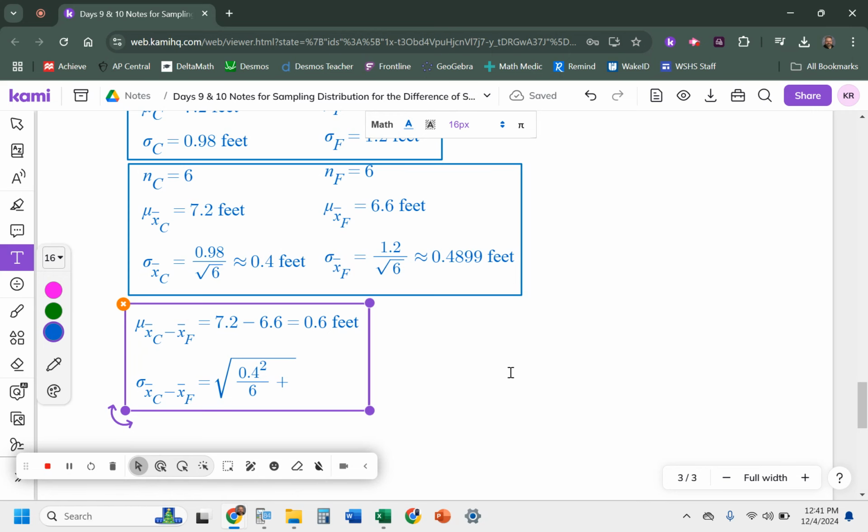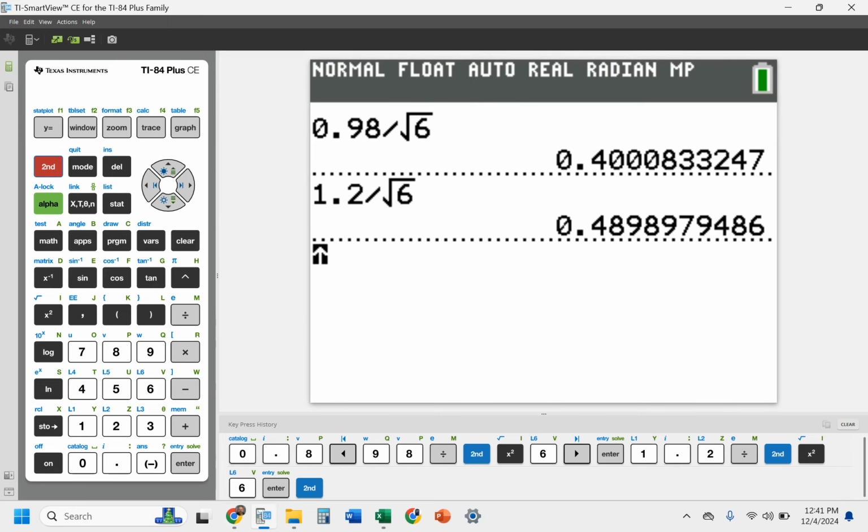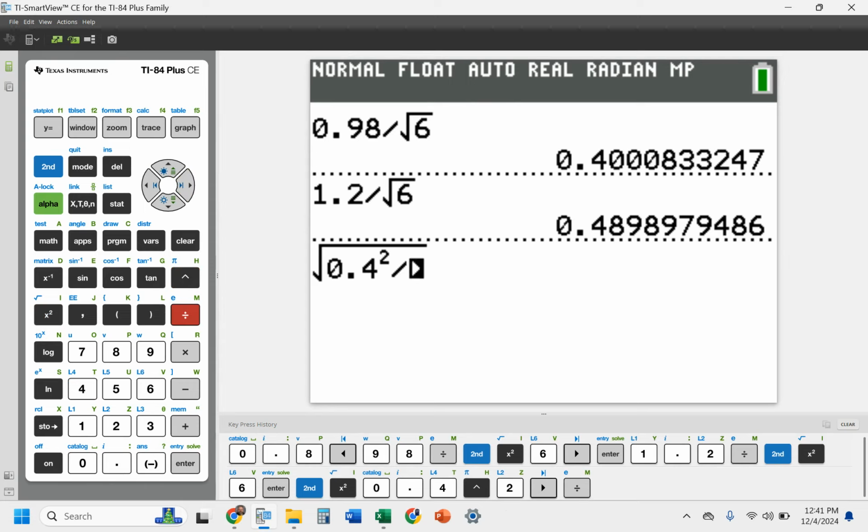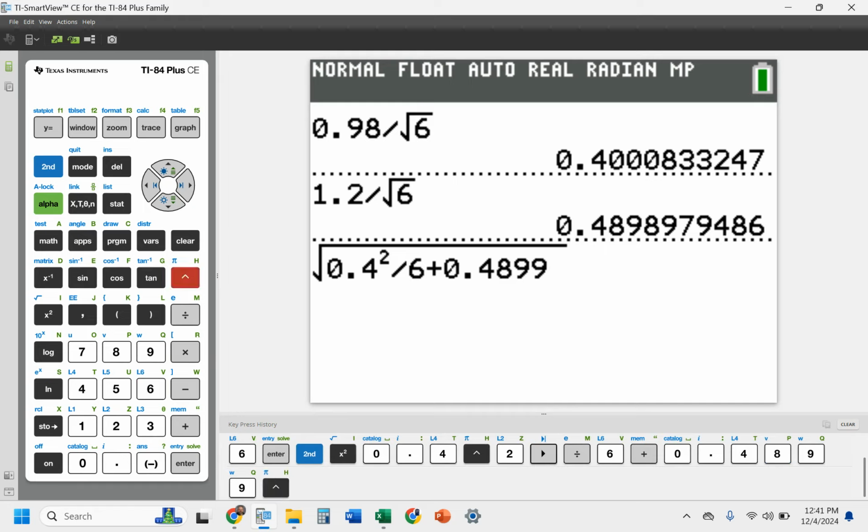And so now I need to take the 0.4899. That needs to be squared, and it also needs to be divided by 6. So we're going to find the square root of 0.4 squared divided by 6 plus 0.4899 squared divided by 6, and I need to know what this value is.